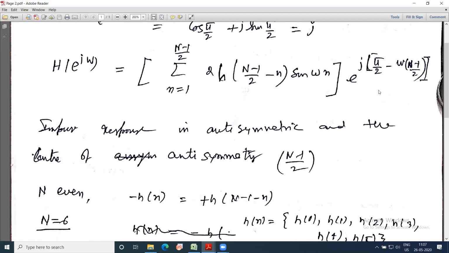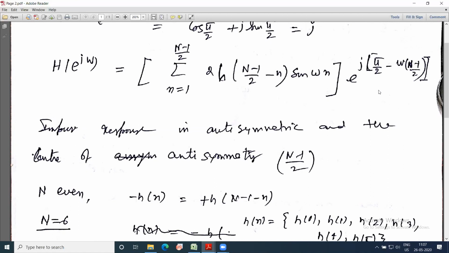That means the time domain signal values are multiplied by -1, is it not? And the corresponding effect in the frequency domain is an additional phase of pi by 2. Have you followed? The effect of antisymmetry.